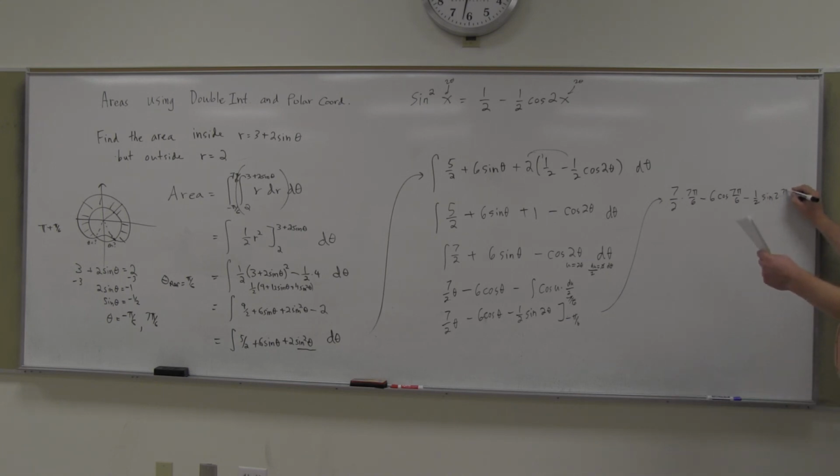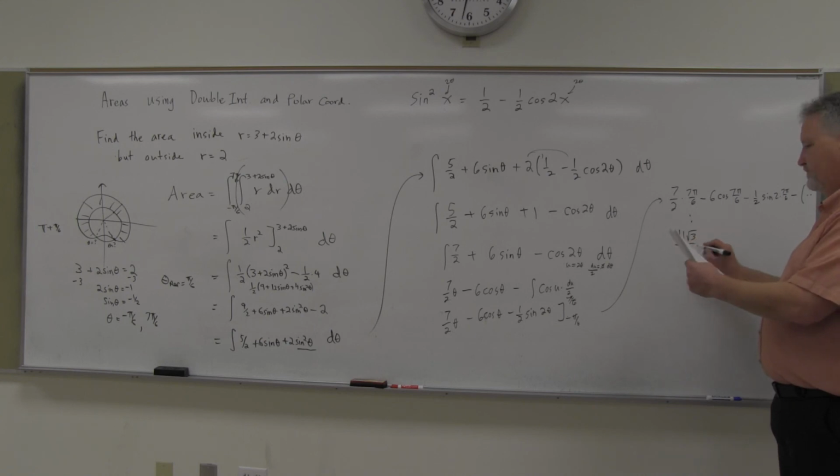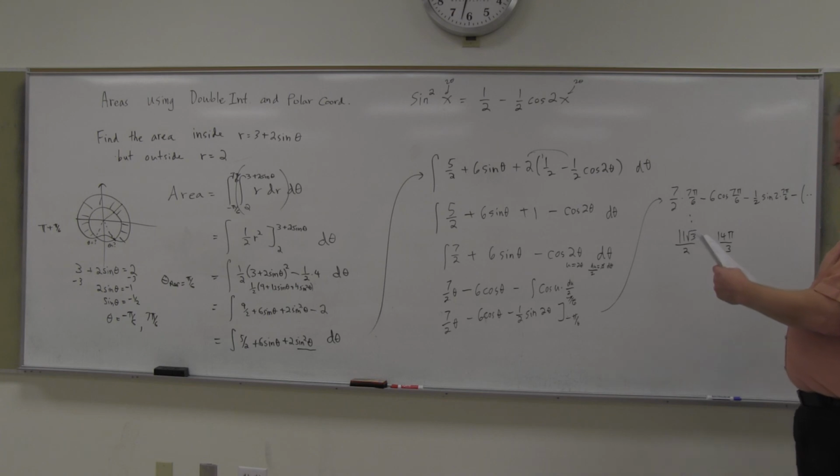I get, do a little work, 11 times square root of 3 over 2 plus 14 pi over 3, once we get all the things calculated there.